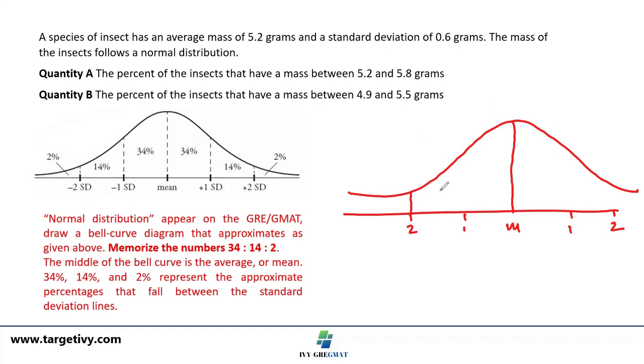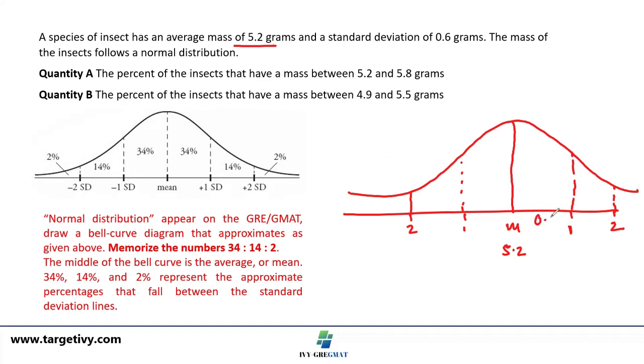Now in this case, this question becomes very easy. A species of insect has an average of 5.2. So this mean is 5.2. The standard deviation is 0.6. So SD is 0.6. The mass of the insects follows the normal distribution. So it's 0.6 on either side.